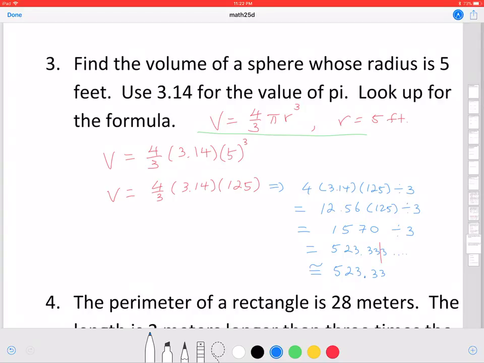The radius is given to you in feet, so that should be feet cubed, or we refer to this as cubic feet. All right. So 523.33 cubic feet. Let's just try to visualize how much that is. Again, this is a pretty big sphere. 1 cubic foot should be 1 foot by 1 foot by 1 foot.